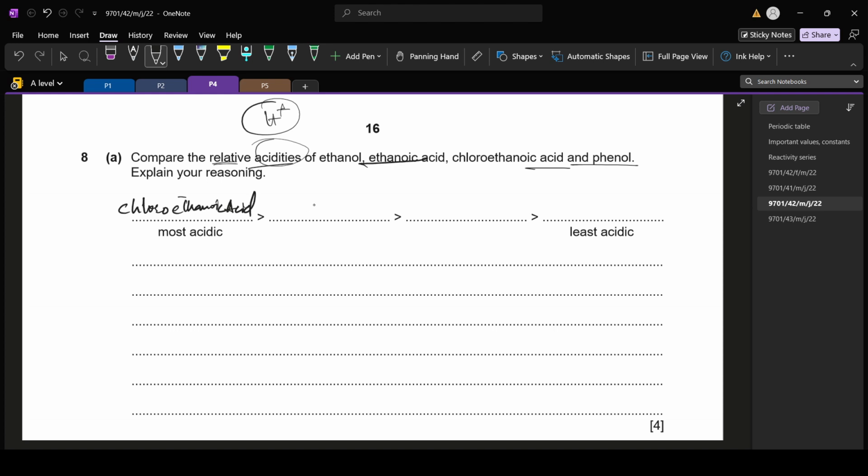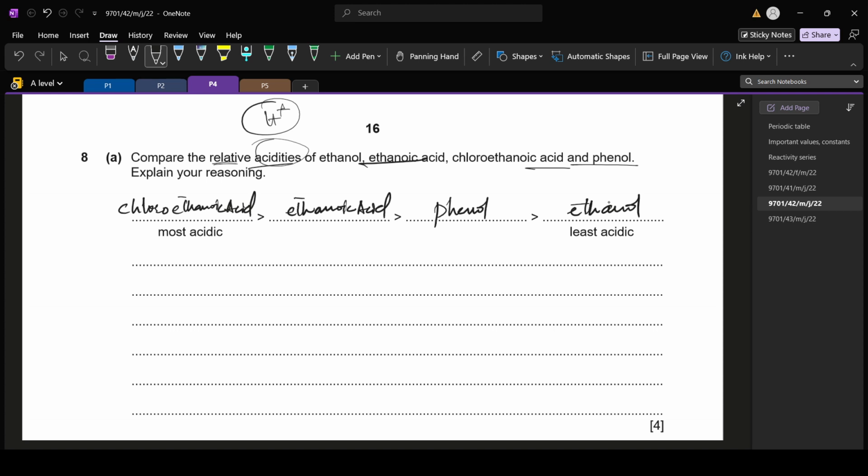Then you will have ethanoic acid, which is second most acidic. Then you have phenol. We will discuss why phenol is more acidic than ethanol. Ethanol is least of all.